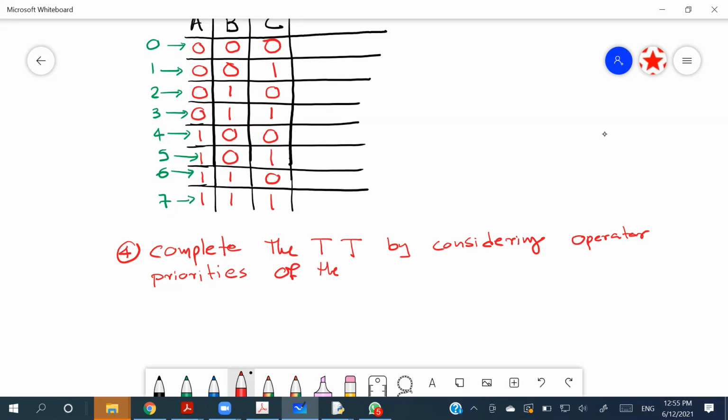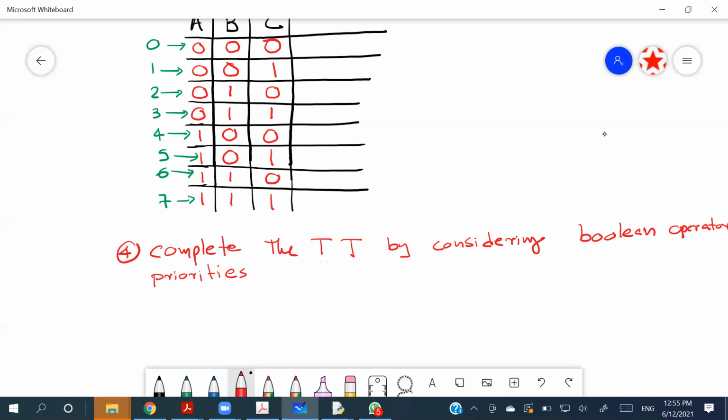Yeah, operator priorities, how should I say it? It's better I say Boolean operator priorities. Right, complete the truth table by considering Boolean operator priorities.